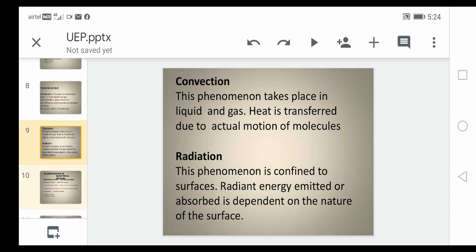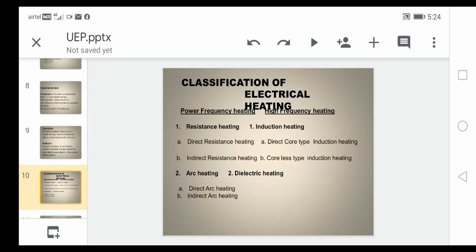There are different types of electrical heating. We have two main types: power frequency heating and high frequency heating. In power frequency heating we have two types: resistance heating and arc heating.